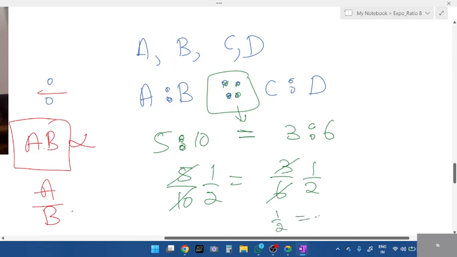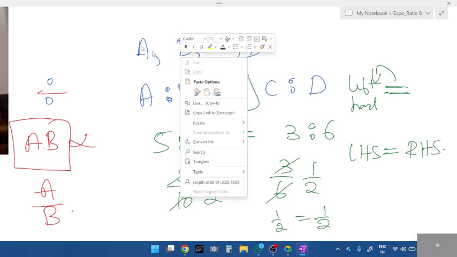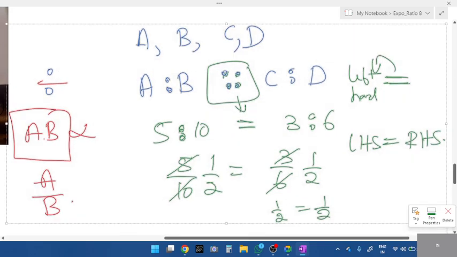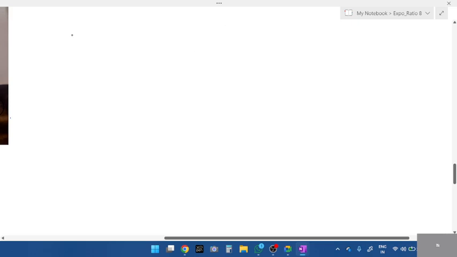After reducing, are we getting like this? So the equal to symbol is given. Whatever you write before the equal to symbol, you call the left hand side, or LHS. The right hand side, whatever you write, what do you call that? RHS. In proportion, the meaning of proportion is the left hand side should be equal to what? The right hand side. Is this clear?